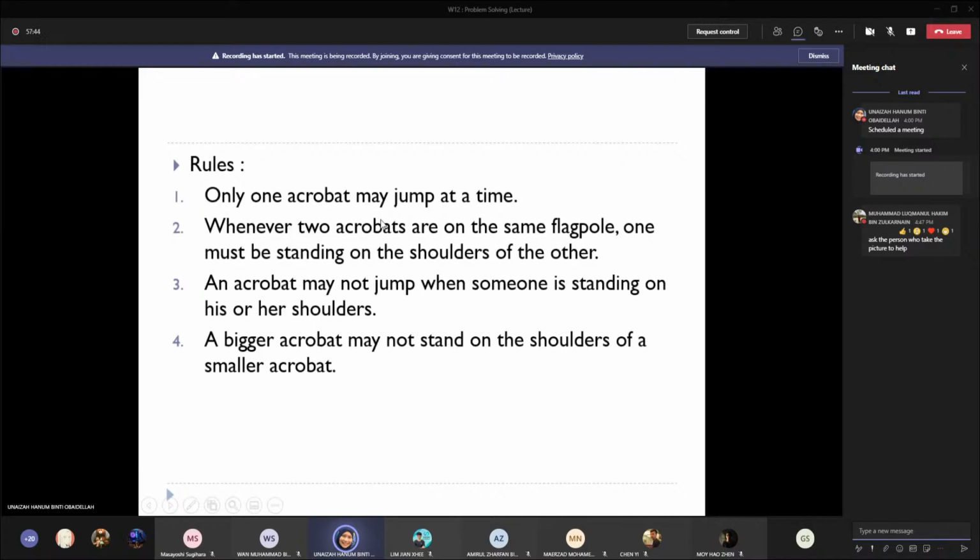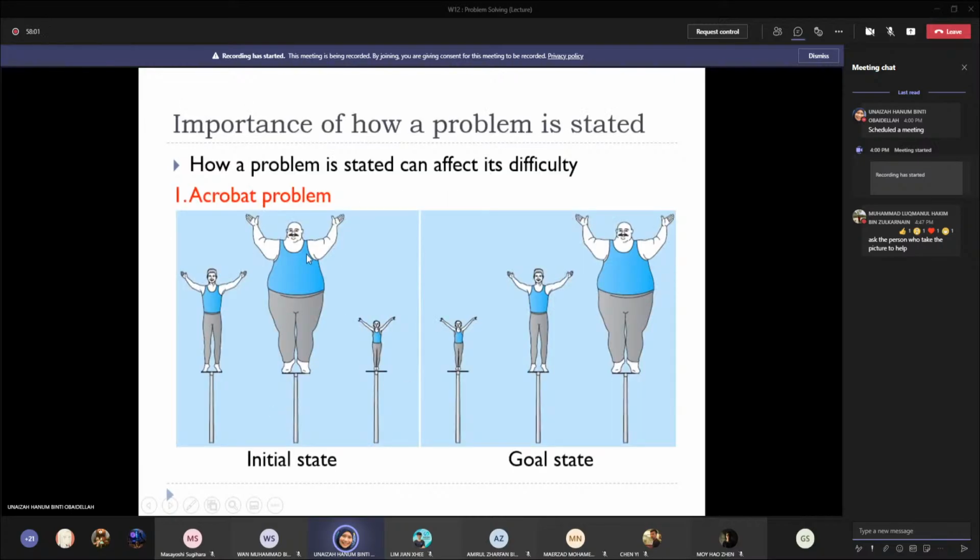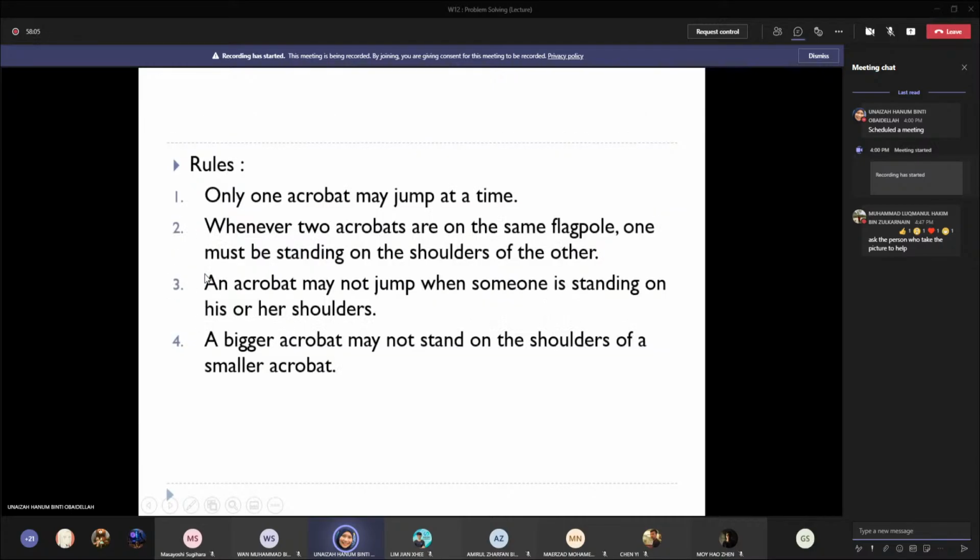Whenever two acrobats are on the same flagpole, one must be standing on the shoulders of another. A bigger acrobat cannot stand on a smaller acrobat. So that's the idea.